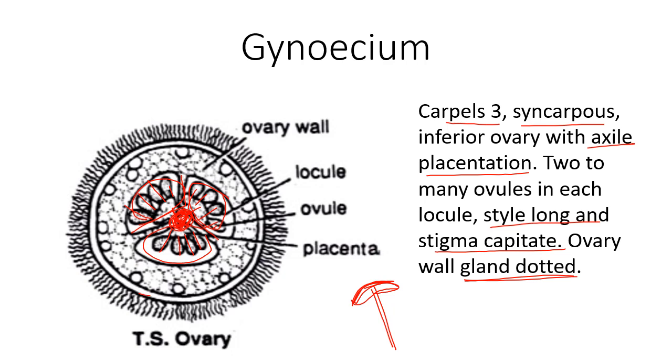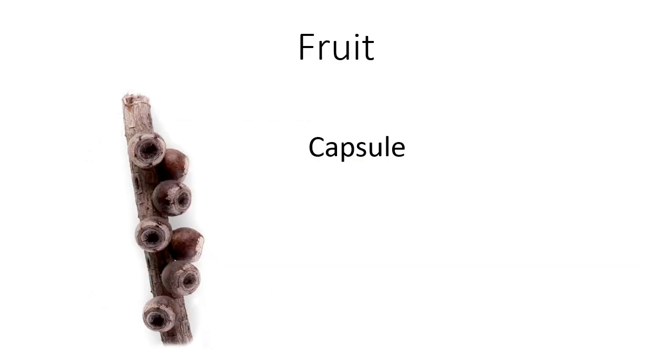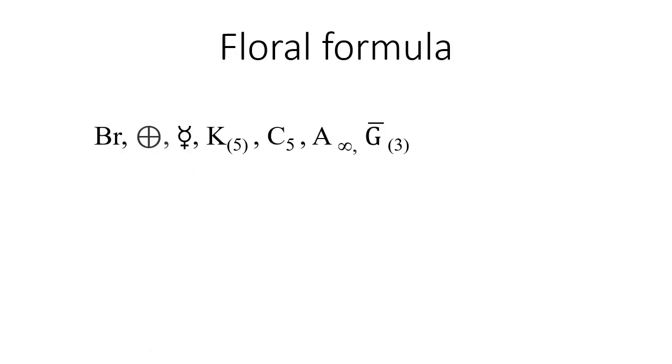So here the wall of the ovary you can see, and some glandular or hairy structures you can observe over this surface, and hence this is called as gland dotted. Then fruit is capsule. Here you can see a circular capsule like structure is there, and this is actually called as capsule type of fruit.